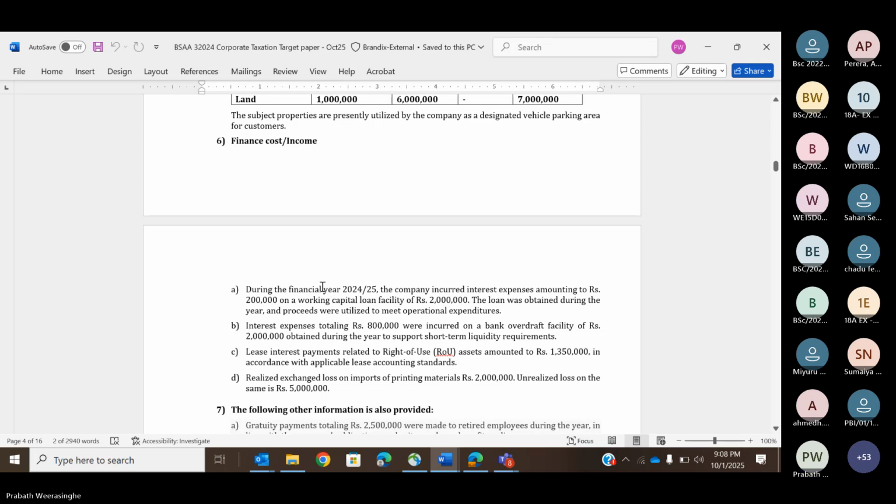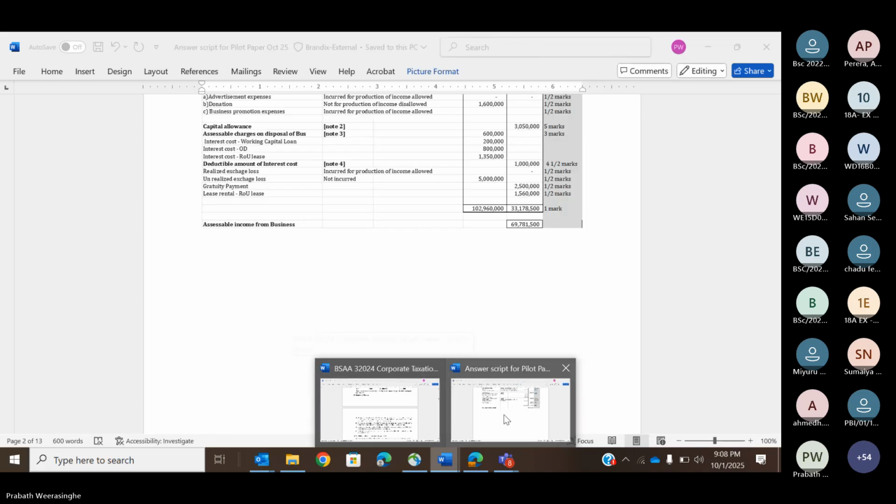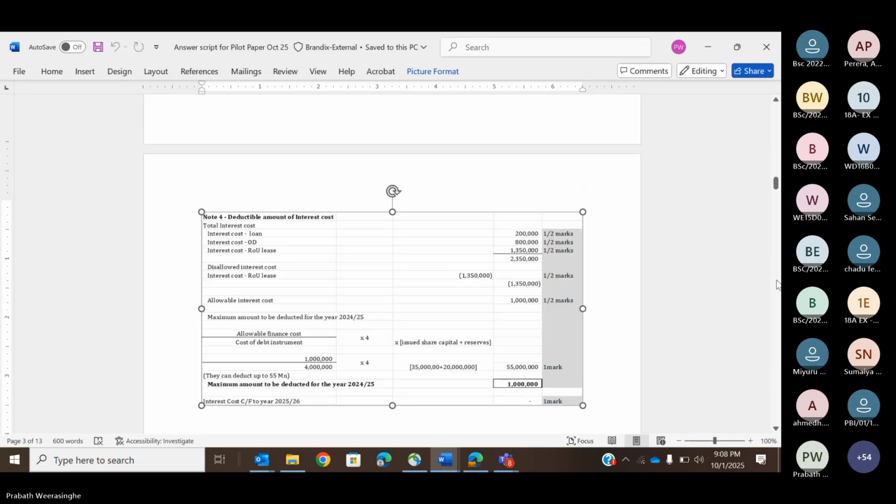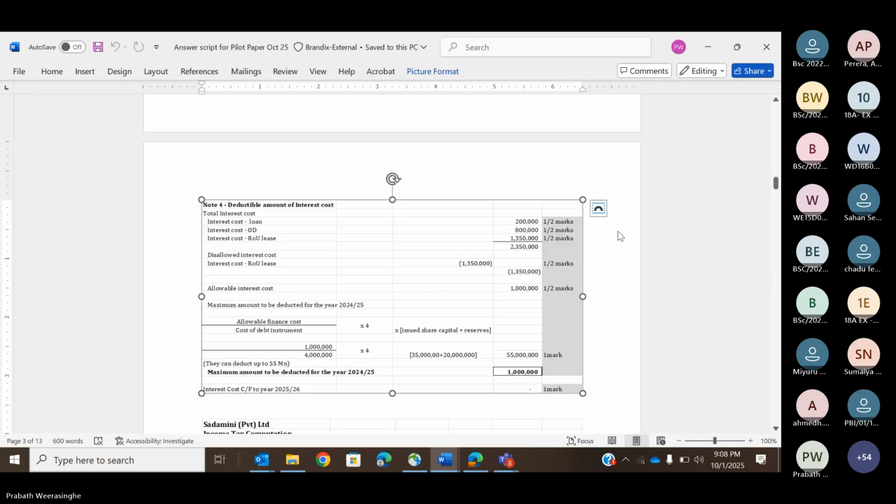Interest expenditure on overdraft facility, working capital loan. 200 and 800, 1 million, 2 million, 2 million, 400, 4 million. Here altogether, this is not part of deductible, so it is disallowed.